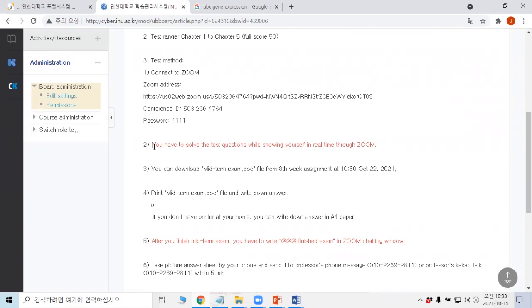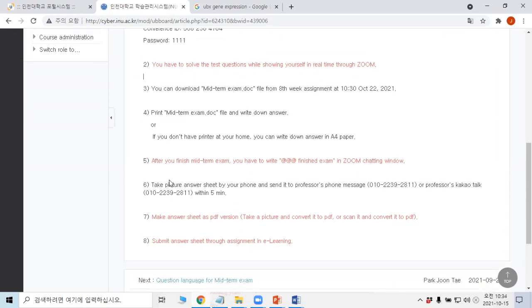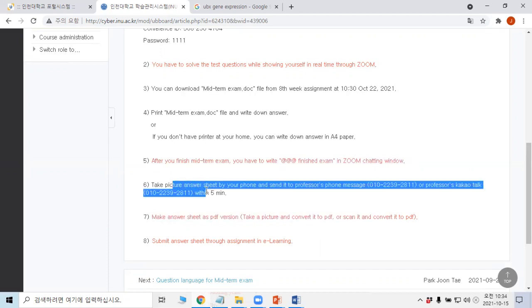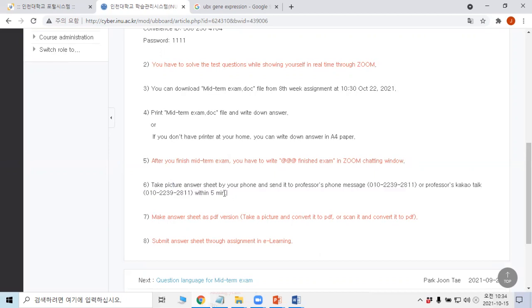The important thing is you have to solve the test questions while showing yourself in real time through Zoom. After you finish your midterm exam, you have to write your name and "finished exam" in the Zoom chatting window. Then you have to send it to my phone within 5 minutes.